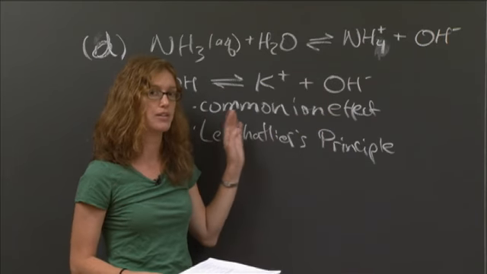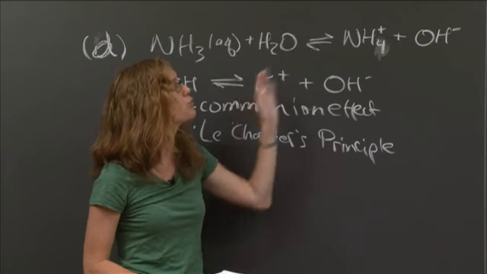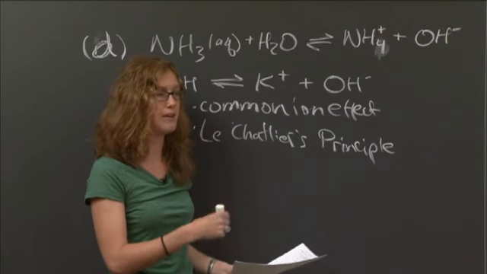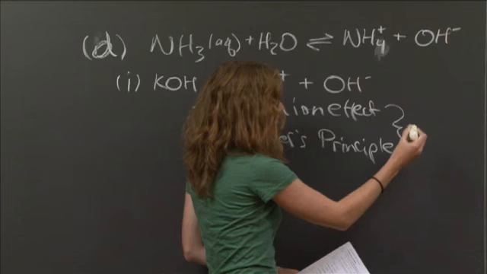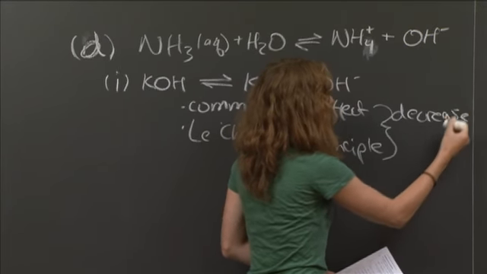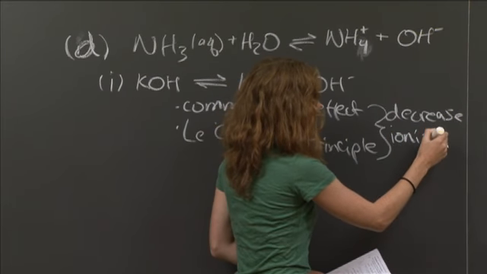If you add a reactant, your reaction will shift to the right. So here we're adding a product, our reaction will shift to the left. Same as a common ion effect, these two both suggest that we will decrease ionization.